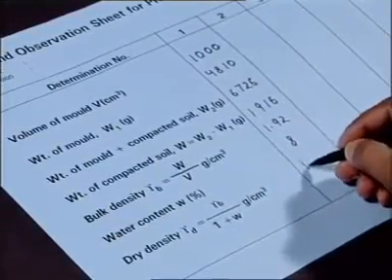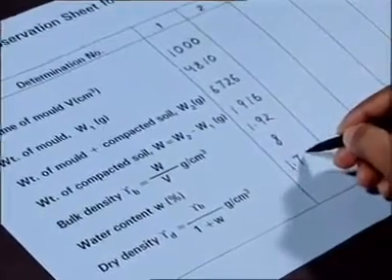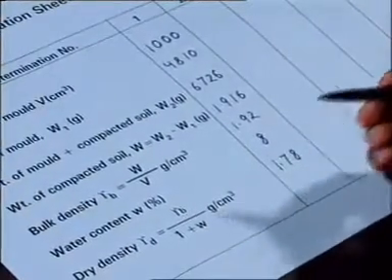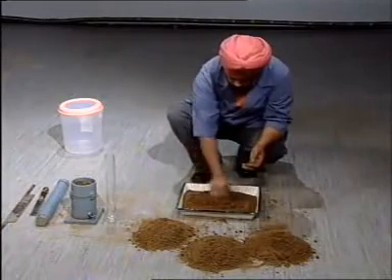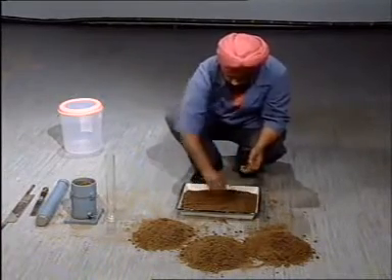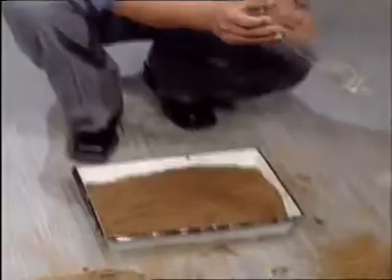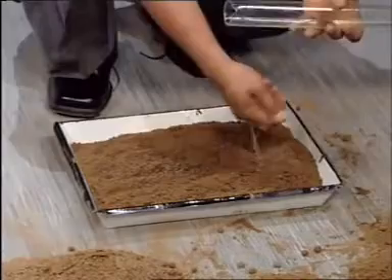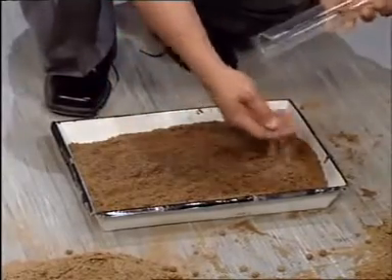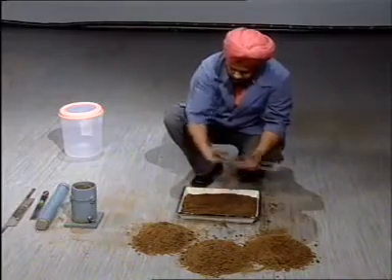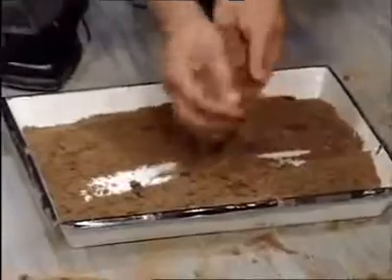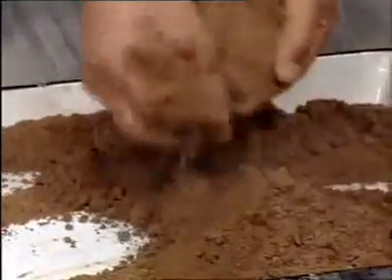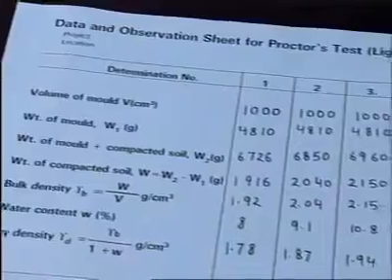So in this case, dry density is 1.78 gram per centimeter cube. Now add about 3% more water to a fresh portion of the processed soil and repeat the process. Record all the observations in the proforma accordingly.